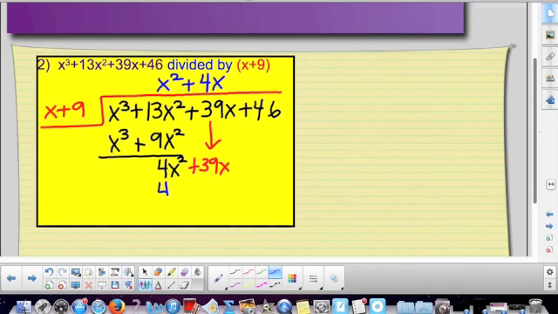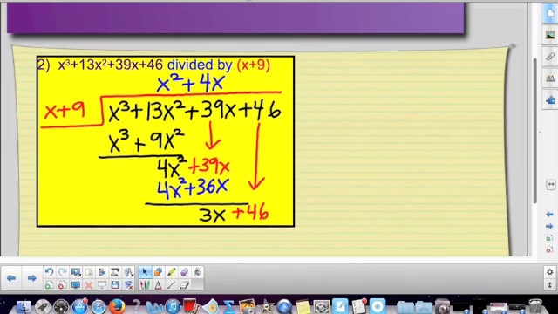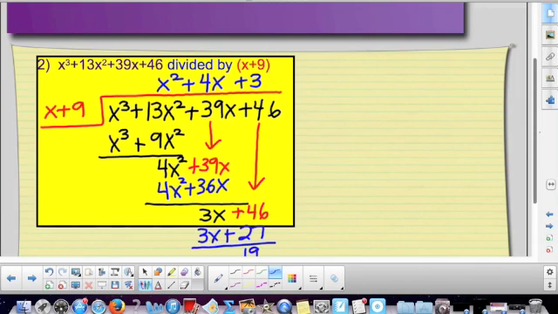So that gives me 4x squared, 9 times 4 is positive 36x. When I subtract those two equations, I'm going to generate a 3x. I have to bring down the positive 46. And when I bring down my positive 46, I should generate a positive 3 up in my quotient. Positive 3 times x plus 9 is 3x plus 27, which gives me a remainder of 19.